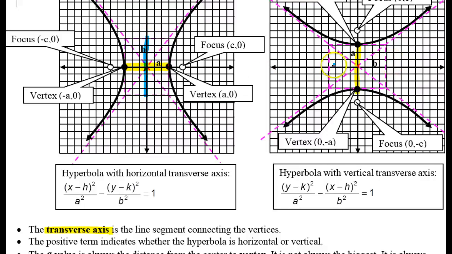All right, so in this picture, this blue that I just highlighted is twice the length of B, because B is from the center to the side of the rectangle where there are no vertices. But the blue that I just highlighted is called the conjugate axis. Okay, let me write that down.